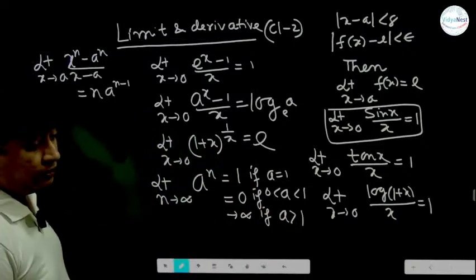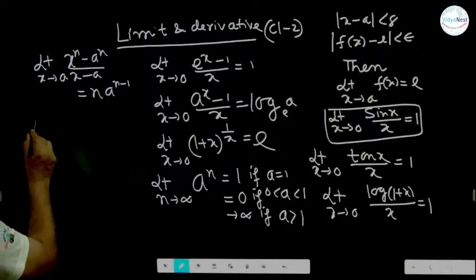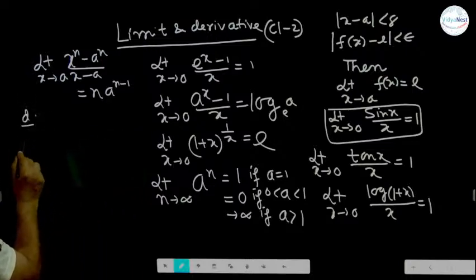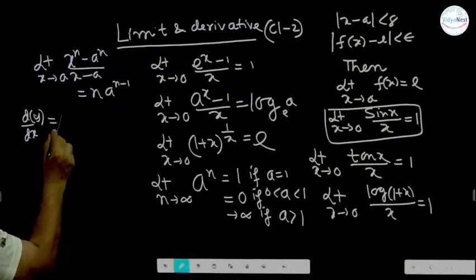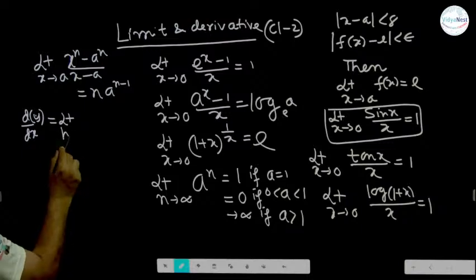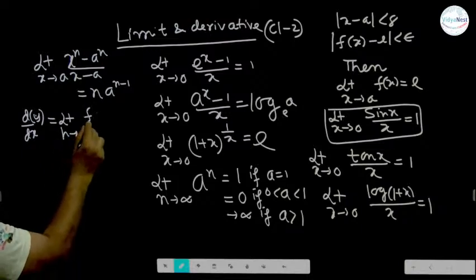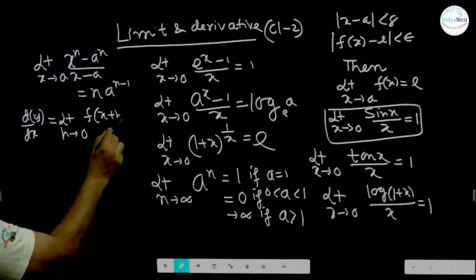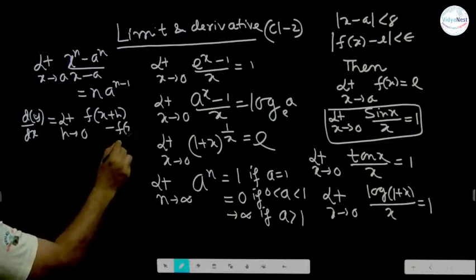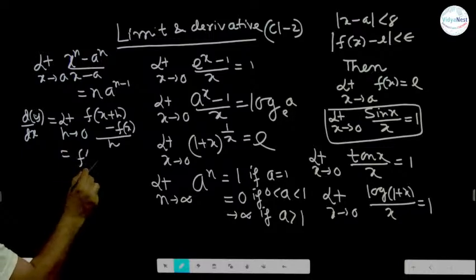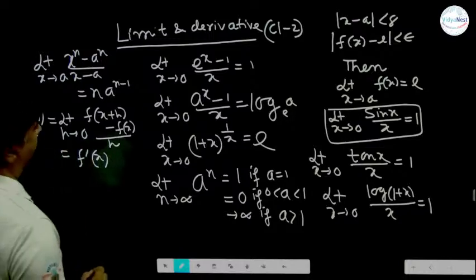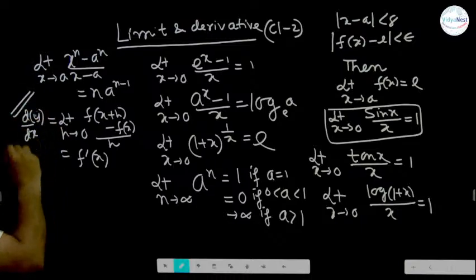Last day we had gone through the first principle, means definition of derivative using first principle, that is (f(x plus h) minus f(x)) by h, that is f dash x. Using the concept of limit we got this.